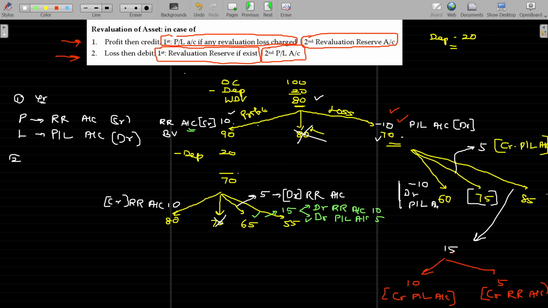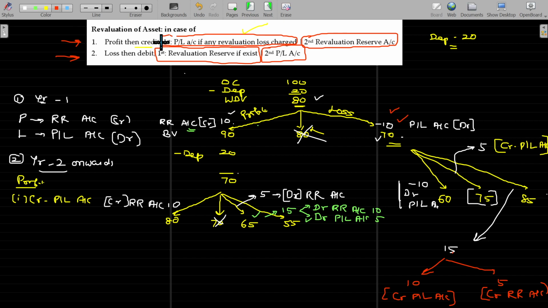From the second year onwards, in the case of profit, first you have to adjust or credit the profit and loss account to the extent of the loss already charged. In case of profit, first you have to reverse the P&L account.